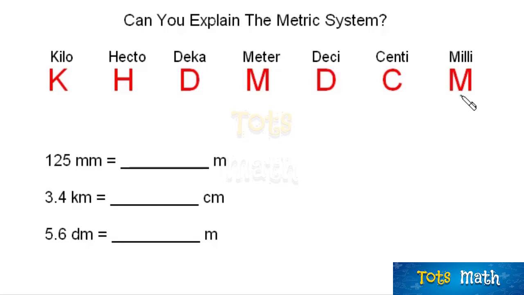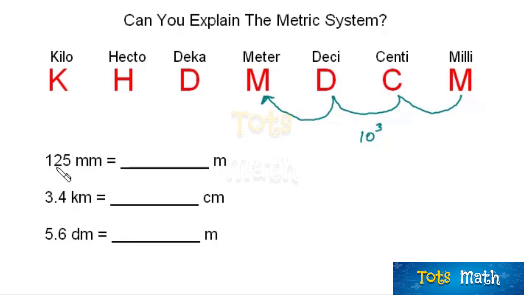We're going to go from millimeters to centimeters to decimeters and finally to meters. That's 1, 2, 3 powers of 10 away. This power of 10 tells us how many places to move the decimal when going from millimeters to meters.